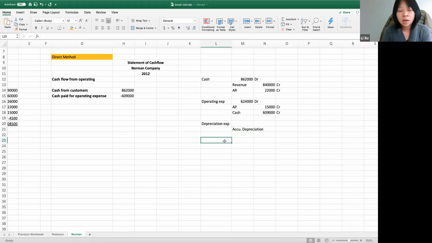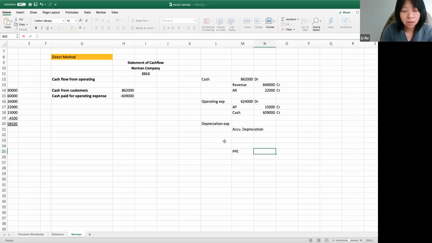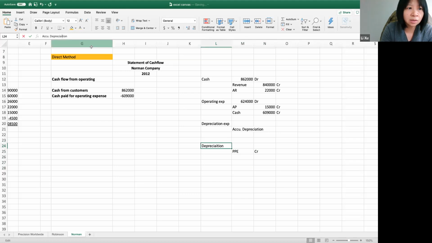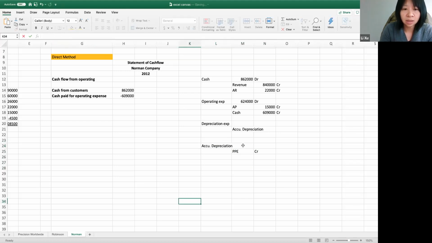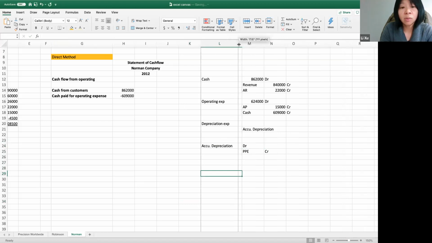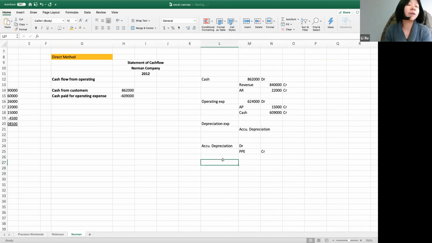When you have a sale, you remove the PP&E from your books with a credit. Then you also remove the accumulated depreciation related to this transaction. Because you remove the accumulated depreciation, you debit it. Why debit? Because the normal balance is a credit, so to remove it, you have to debit.